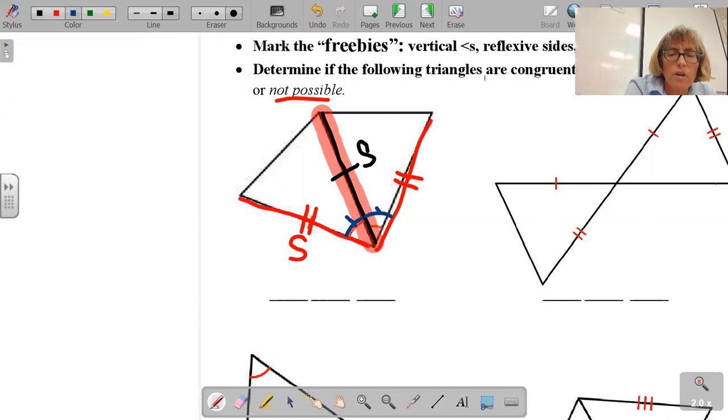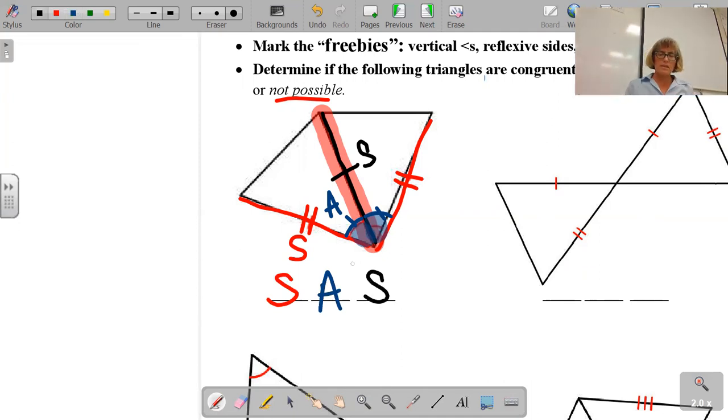That's a pair of congruent angles. So this angle is sandwiched between the sides, so it reads side, angle, side. That's the shortcut that's going on there.